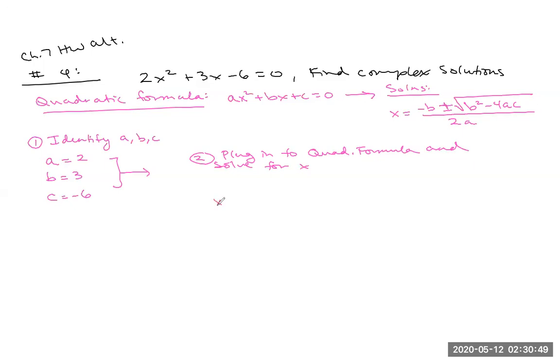So we have x equals -b plus minus square root b squared minus 4 times a times c, divided by 2 times a. Remember, this part here on the right is simplifying an expression.